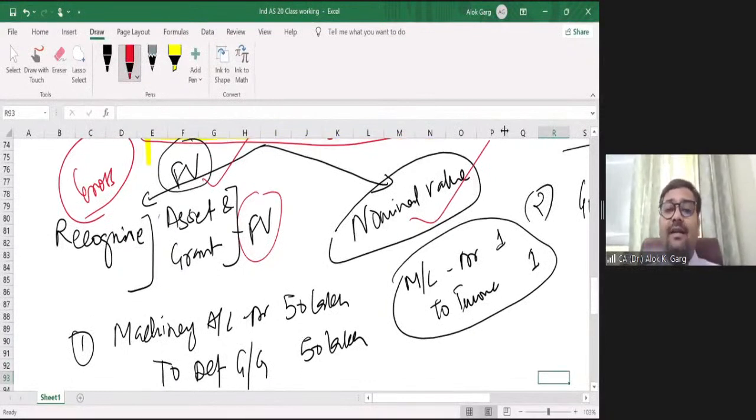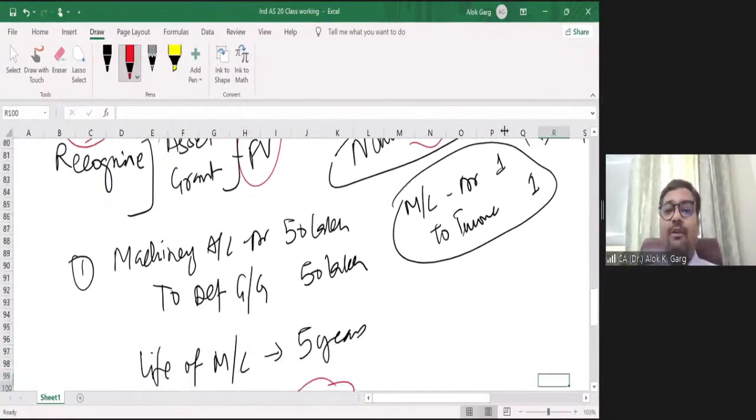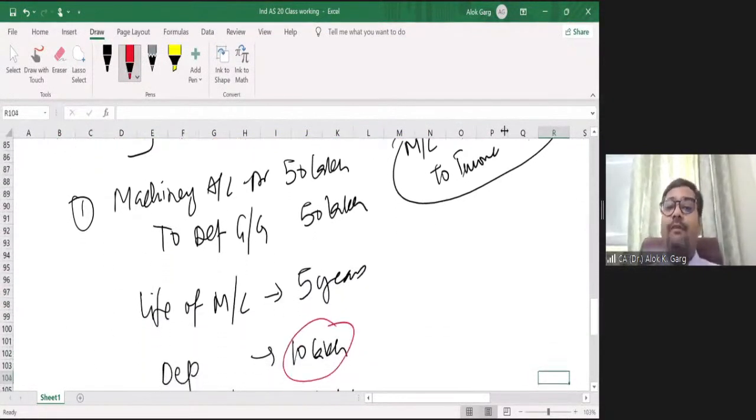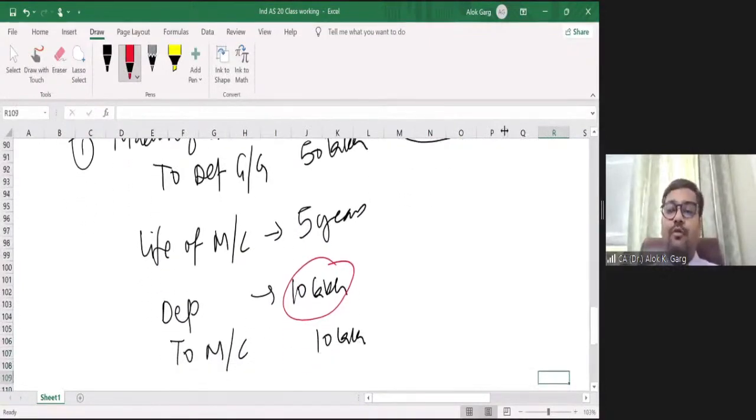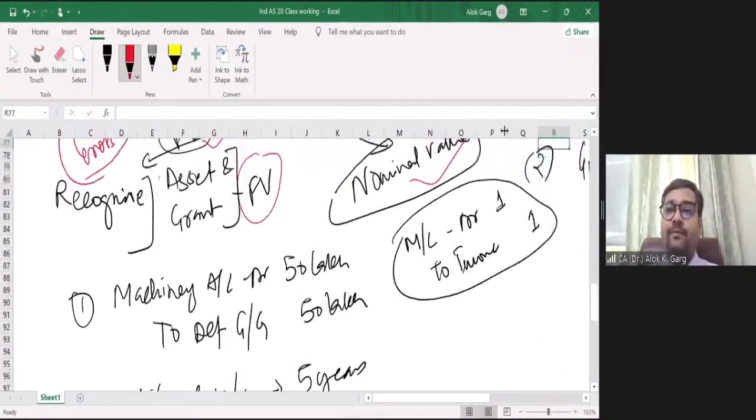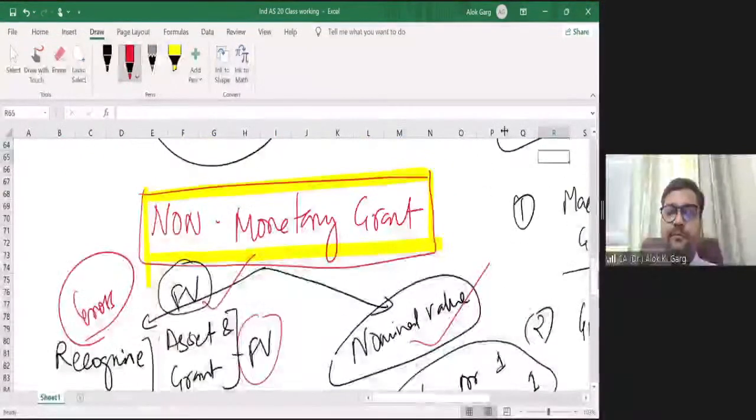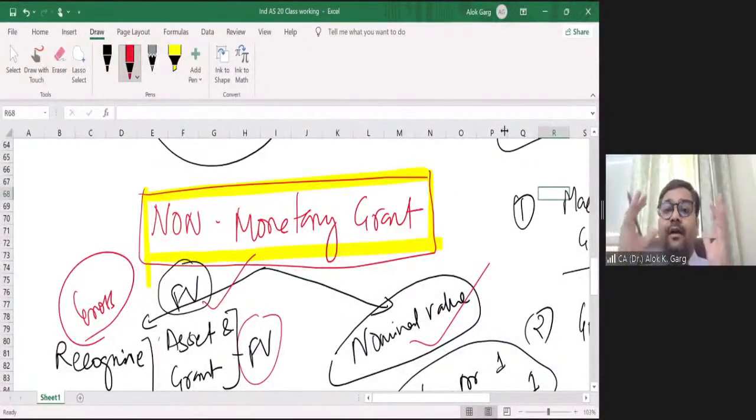Once it is recognized, the asset has to be depreciated over the useful life, and the grant has to be amortized over the useful life of the asset on a systematic, straight line basis. Is it right?